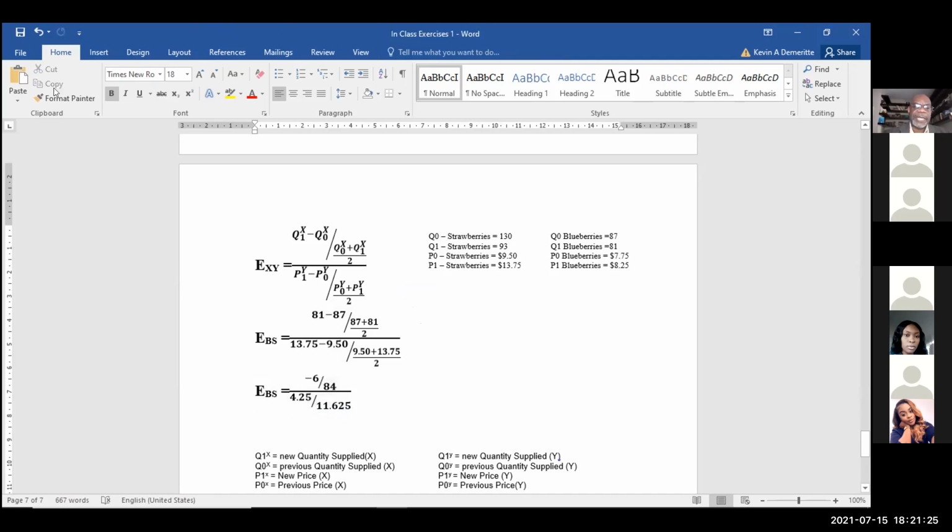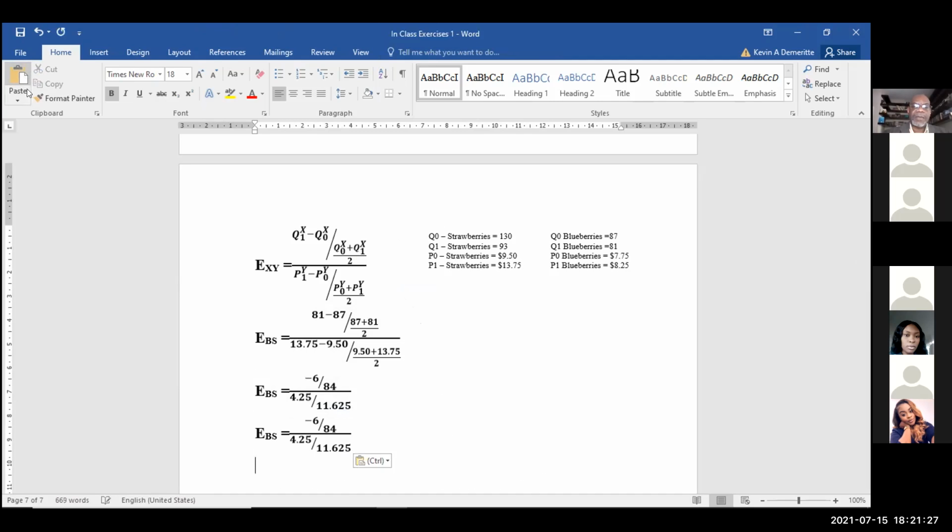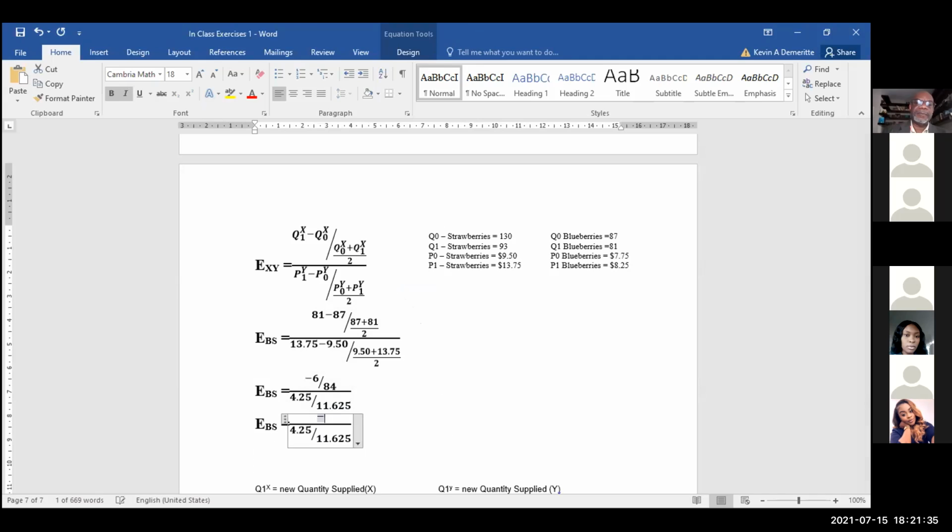Okay, so then we have negative 6 divided by 84. Negative 0.0714. What's after the 4? 2.